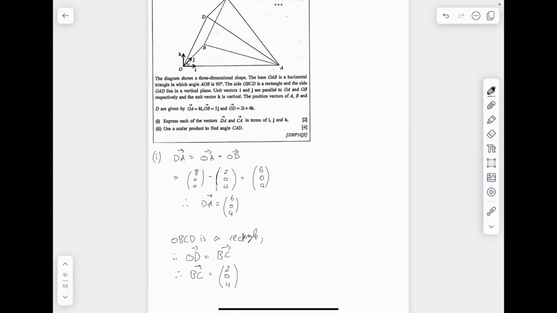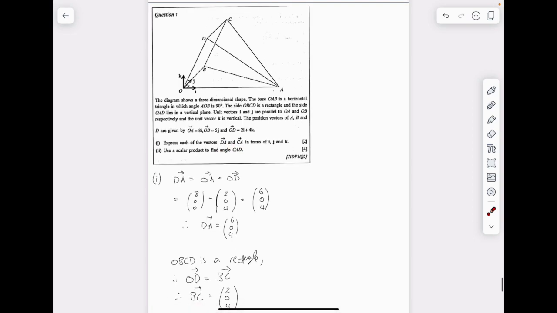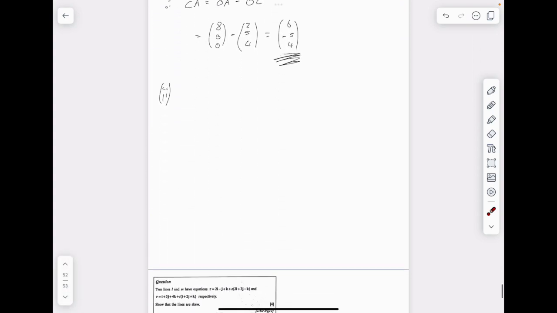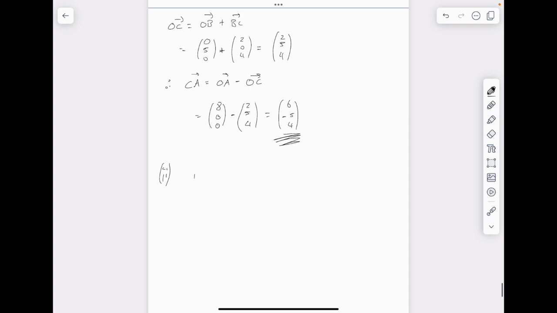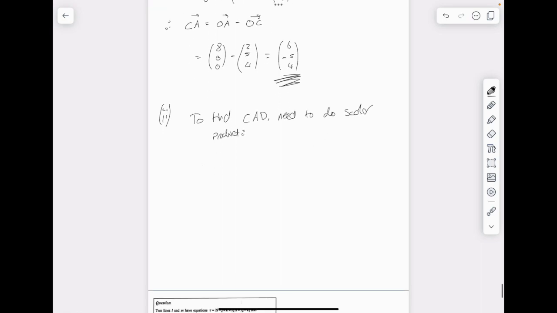Now for number ii, they're saying use a scalar product to find angle CAD. So CAD, A, D, and find this bit here. The way we're going to do that is we're going to apply the scalar product. And the scalar product is what?